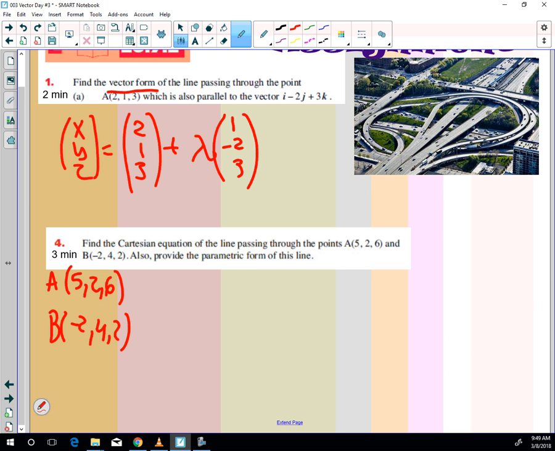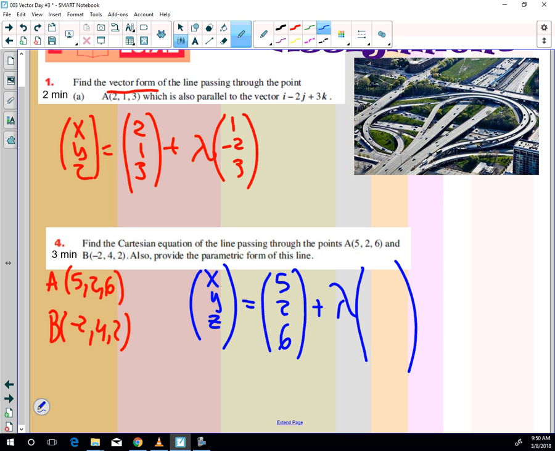I'm doing this methodically for a reason. All right, let's make the vector form x, y, z. What do you want to use for a point? A or B? Good choice. But both are fine. You could use either one. But Kaylee's right. A is the cuter of the 2.